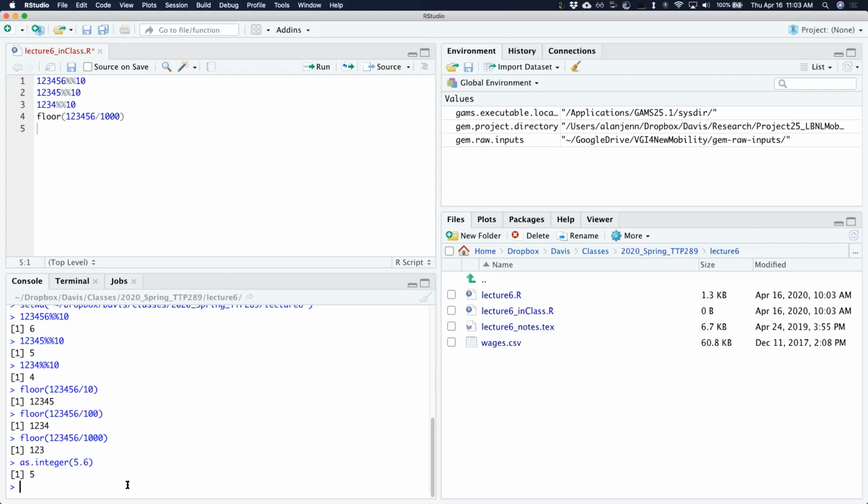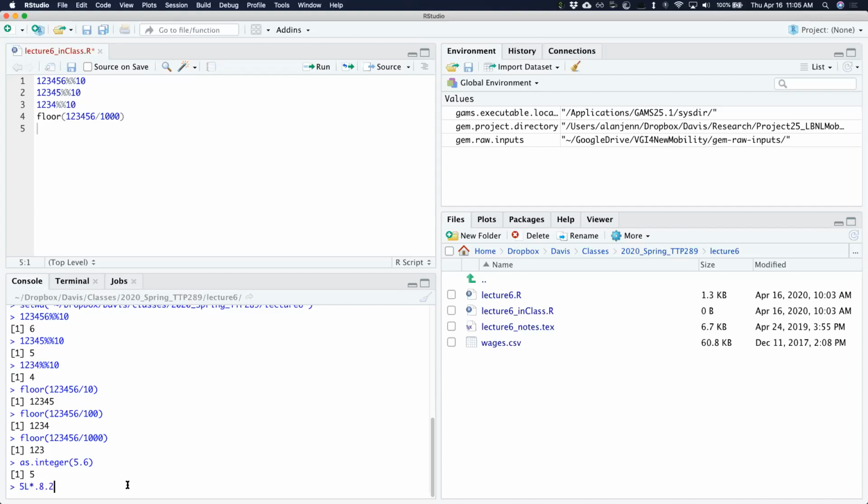So for some purposes you can do that, but you also have to know that you're transforming a numeric into an integer, which in this case may not make so much of a difference, but it potentially could be doing something that you don't intend it to do. For example, let's see.